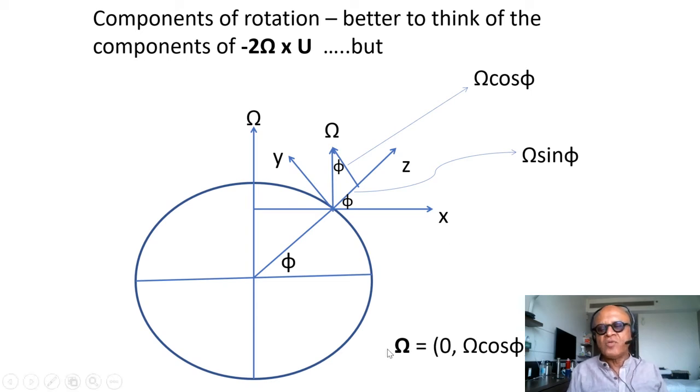So then omega, as a vector, is locally written as 0 in the x direction, omega cosine phi in the y direction, and omega sine phi in the z direction. Why is the x component 0? Because obviously omega is locally orthogonal to x and has no projection on x.